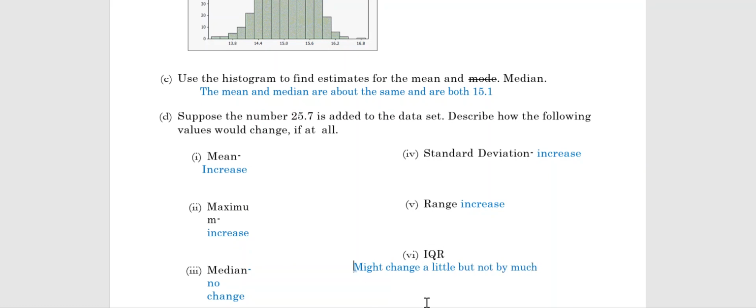It's likely to maybe have no change, but it might change a little. It might move up a little. So if you're picturing this, I added one data point, so my quartiles might move up by like 1 unit each. So the Q1 might go up by 1, Q3 might go up by 1, and that might cause a slight difference.